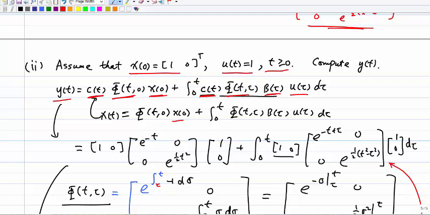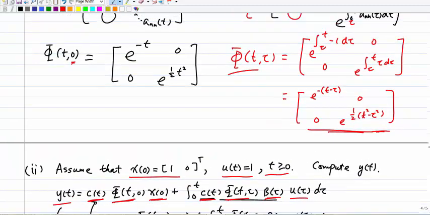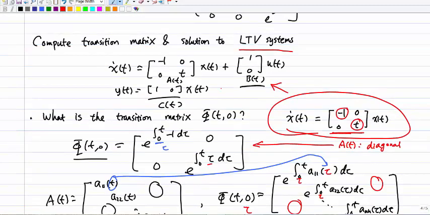The integration for the second term is from 0 to t of (1, 0) C(t), Φ(t, τ) replaced by here, and u(τ) is (1, 0) dτ. I don't have D over here because I don't have the D(t) u(t) term, so I can ignore the last one.